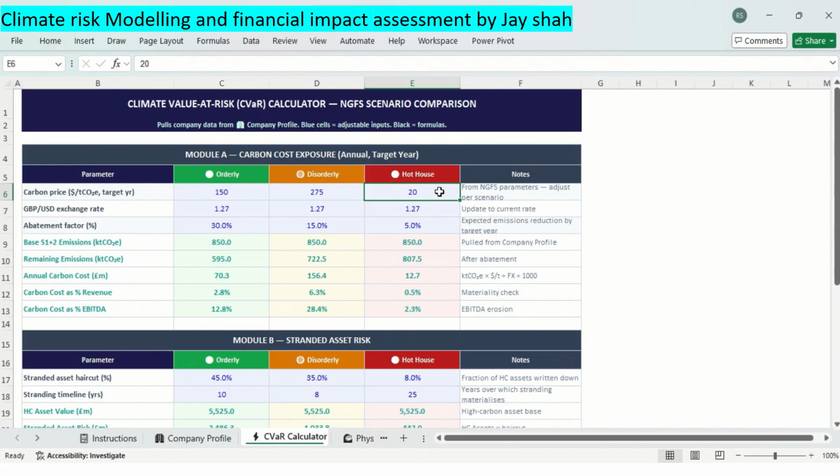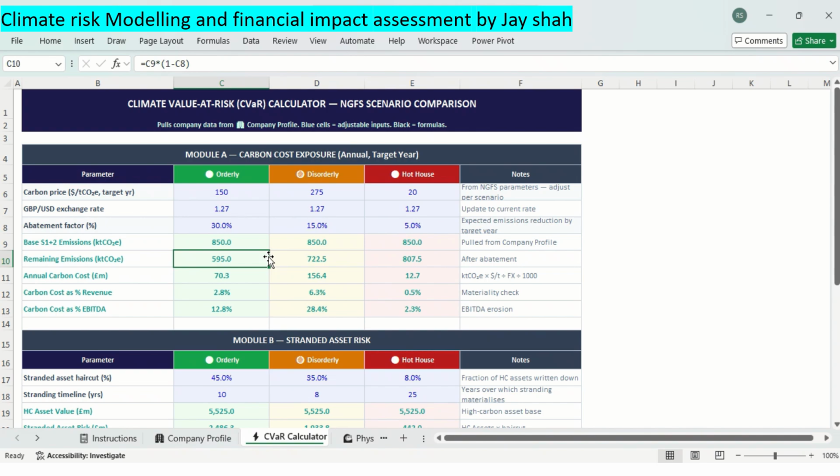The remaining emissions equal the base emissions multiplied by one minus the abatement factor. So we are targeting a 30% emissions reduction by the target year, and the remaining emissions are what we still need to reduce. Similarly for the other scenarios.